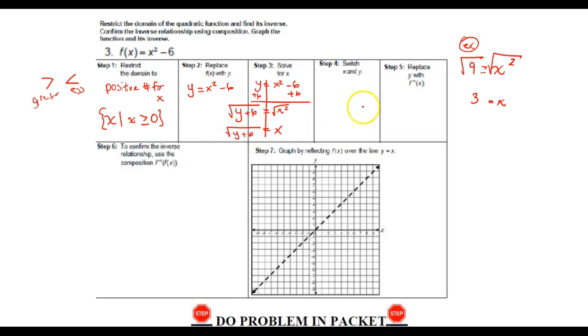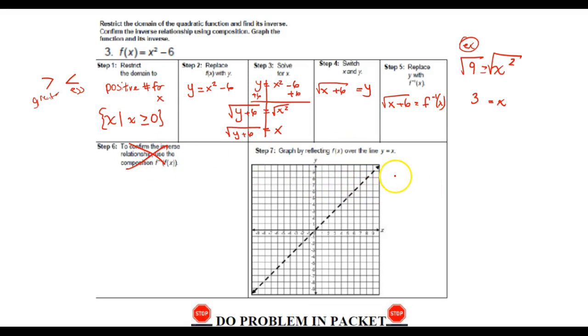Step 4 is to switch around the x and y, so instead of that being an x, I'll put a y here, and instead of that being a y, I'll put an x here. Last thing is to replace y with f inverse of x, just to keep that terminology going. Now it is asking us to confirm the inverse relationship, but we can also confirm that relationship by graphing.